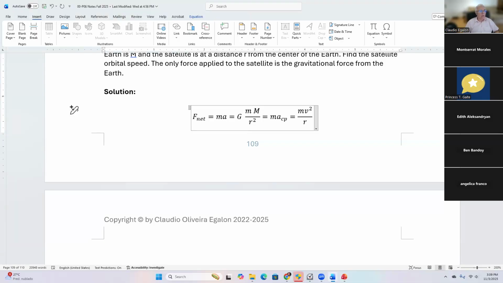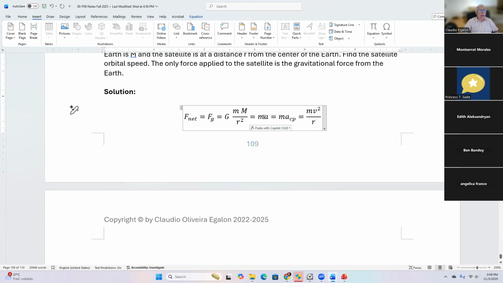But the only force acting on the satellite is the force of gravity, F sub g, which is, by the way, equal to the universal gravitational constant G, times the mass of the satellite, times the mass of the Earth, divided by the distance r that the satellite is from the center of the Earth, squared.